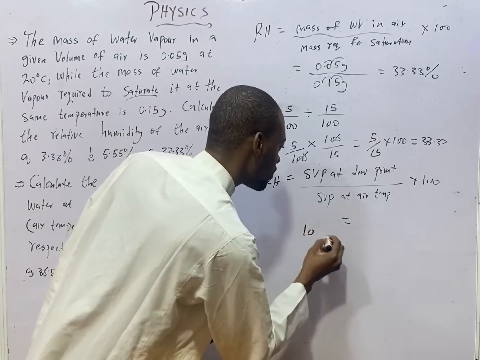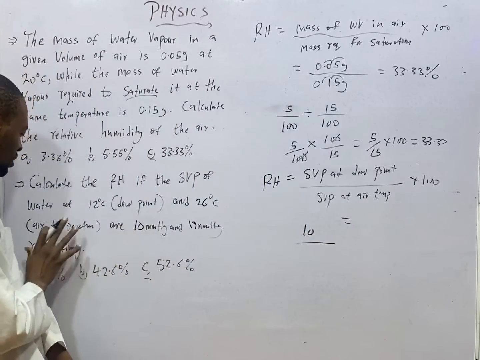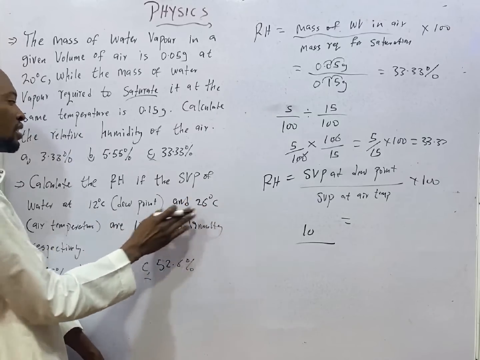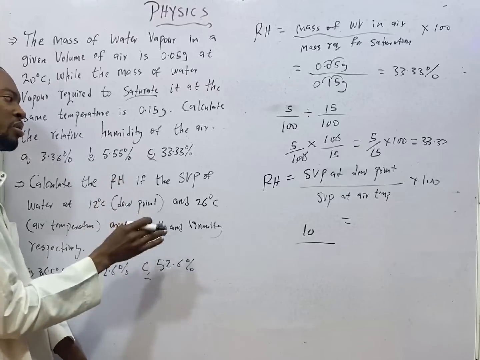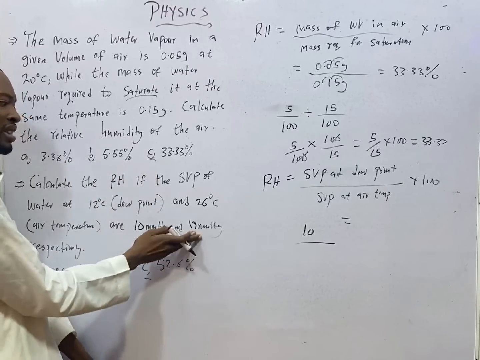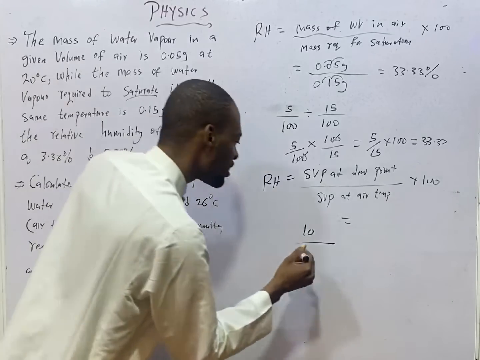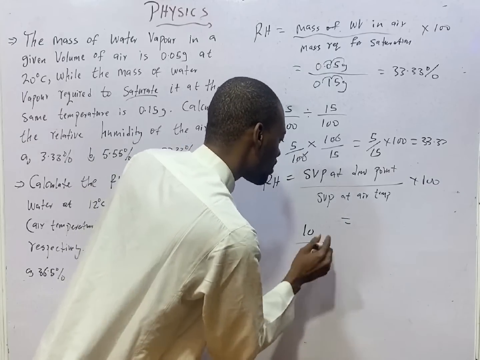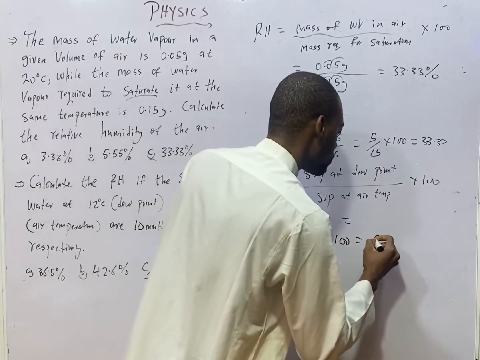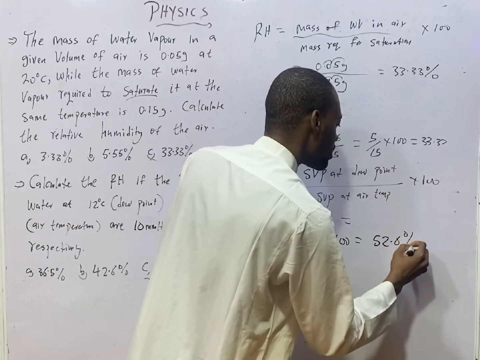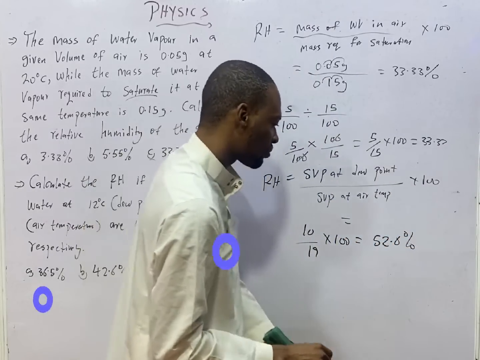So that is 10 over, and the air temperature is 26 degrees Celsius, with a saturated vapor pressure of 19 millimeter mercury. So this is 10 over 19 times 100, and this will give you 52.6% if we are correct.